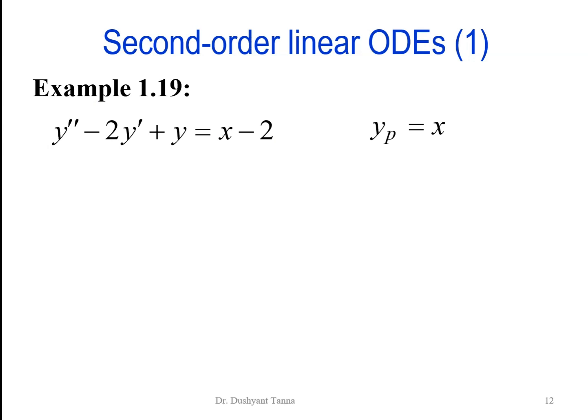Okay. So YP is again a symbol. YP, YH, YG, they are all symbols like Y1, Y2, but they represent the value of the solution of the variable Y. So YP is equal to x. From that, y' is 1 and y'' is 0.